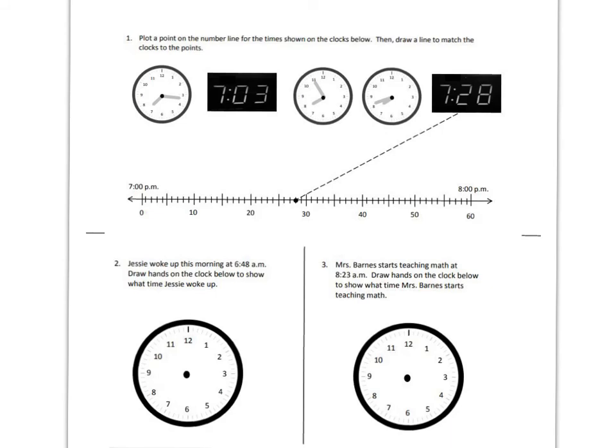You are now going to complete the entire problem set. You're going to complete all of this first page. So I'm going to circle number 1 and number 2. Please be sure to read these directions carefully for all of them. You're also going to do number 3 as well. I forgot to circle that.